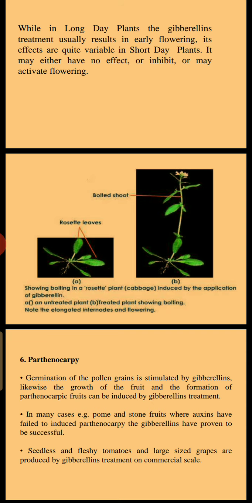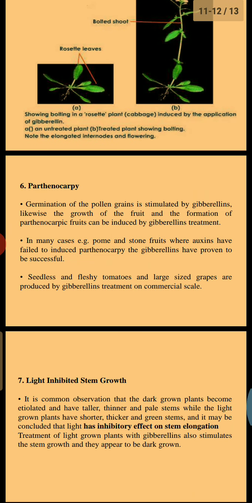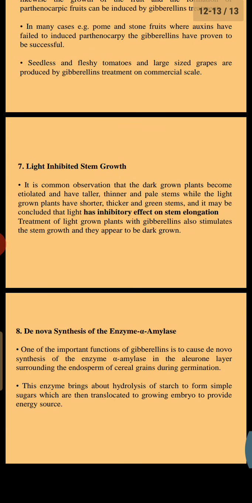This enzyme works for the hydrolysis of starch, so simple sugar is produced. This simple sugar is translocated to the growing part of the embryo. Because of this translocation, the embryo develops more and gets the energy for the further development of the seed, the germination of the seed.